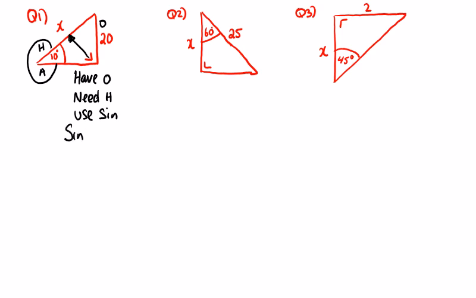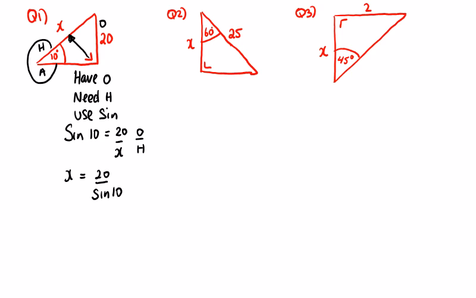The sin of 10 is equal to O over H, which is 20 over x. And from the first example we saw today, x and sine 10 swap places. X is equal to 20 over the sine of 10.